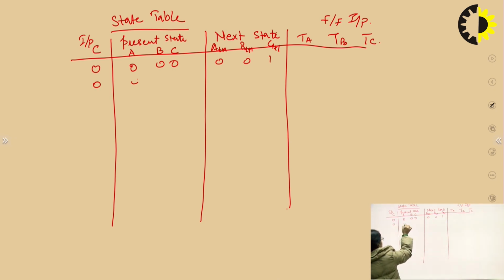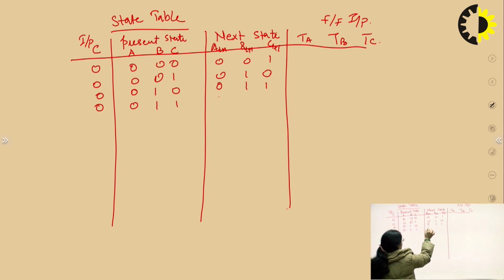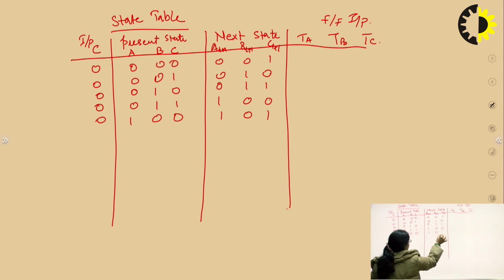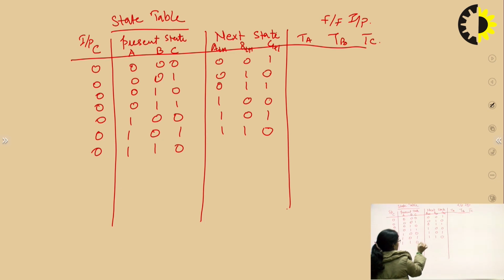Then 0, 0, 1 goes to 0, 1, 0, then 0, 1, 1, then 4, 5, 6, 7, and from 7 we go back to 0, 0, 0. So 0, 1, 2, 3, 4, 5, 6, 7.